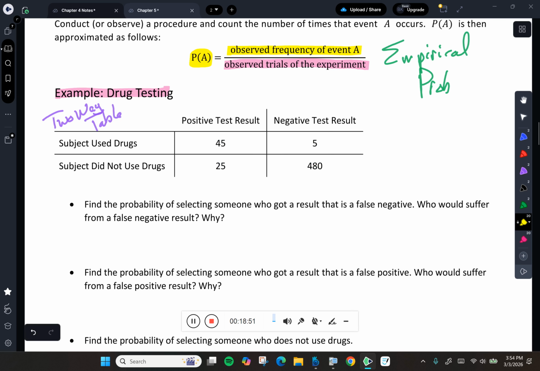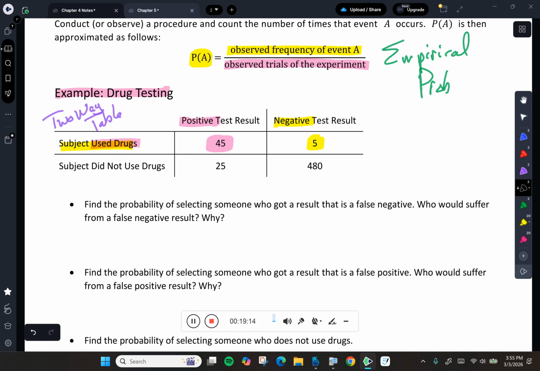For example, this 45 right here, because it is in the first row and first column, means that we are talking about 45 individuals who actually used drugs and got a positive test result. This 5 here would be people who used the drugs but got a negative test result.